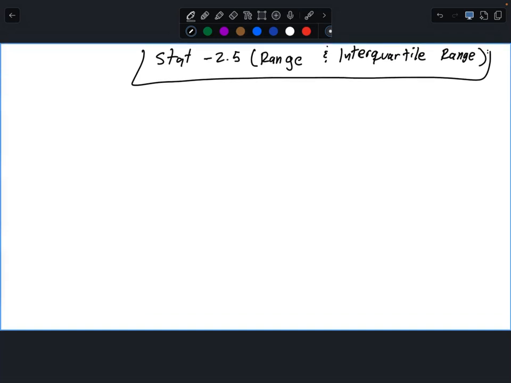So, I think so. We've learned about the 5-number summary. So the 5-number summary consists of what?